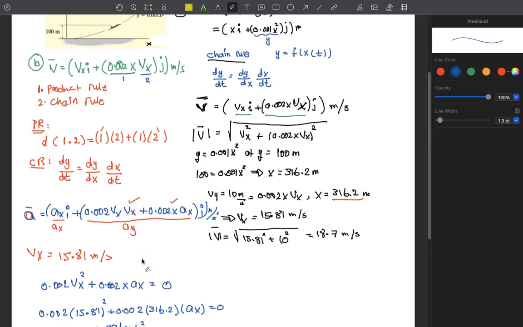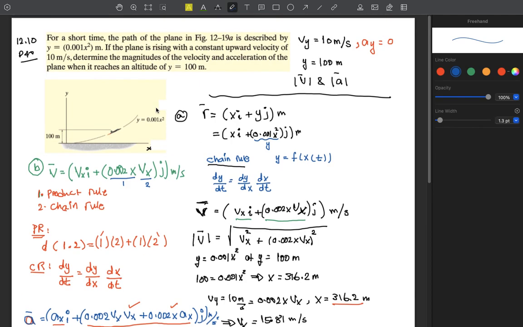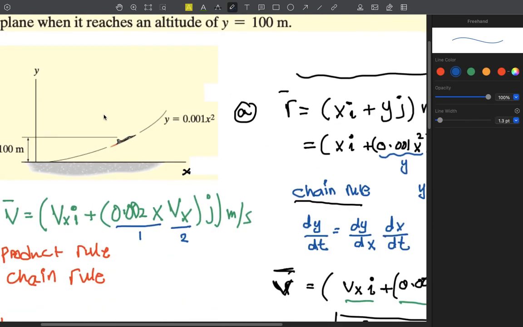Now, if we go back to the airplane here, this is our airplane. So there's the velocity here, which is tangent to the line. Velocity tangent to the line, v. We just calculated the magnitude of v, it was 18.7 meters per second. And we know that we have an acceleration in this direction because it's minus, so it's going in the negative i direction.